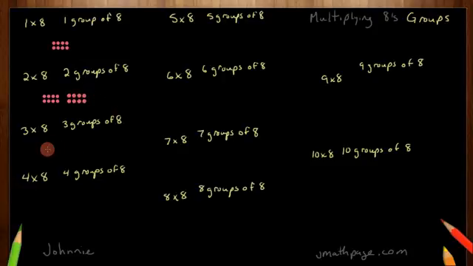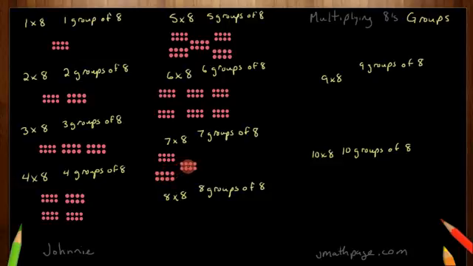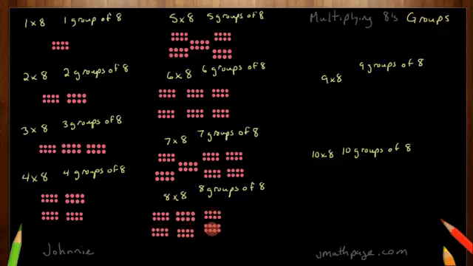3 groups of 8. 1, 2, 3. 4 groups of 8. 1, 2, 3, 4 groups of 8. 5 groups of 8. 1, 2, 3, 4, 5 groups of 8. 6 groups of 8. 1, 2, 3, 4, 5, 6 groups of 8. 7 groups of 8. 1, 2, 3, 4, 5, 6, 7 groups of 8. 8 groups of 8. 1, 2, 3, 4, 5, 6.